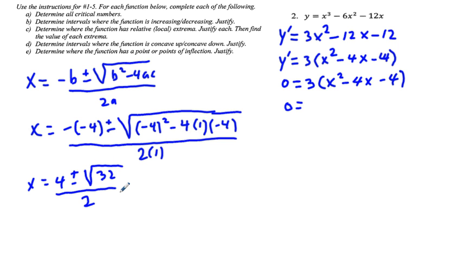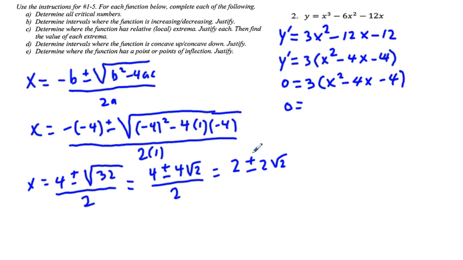all over 2, which equals 4 plus or minus the square root of 32. We can pull out the 16 times 2. So if we pull out our 16, we're going to have 4 square root of 2 all over 2, which equals 2 plus or minus 2 square root of 2.